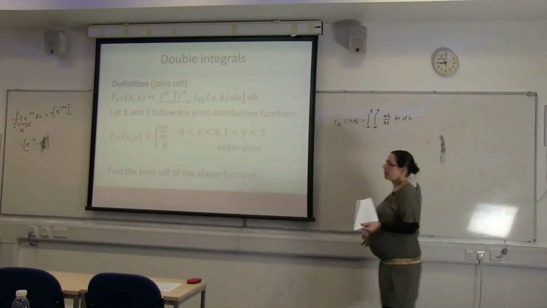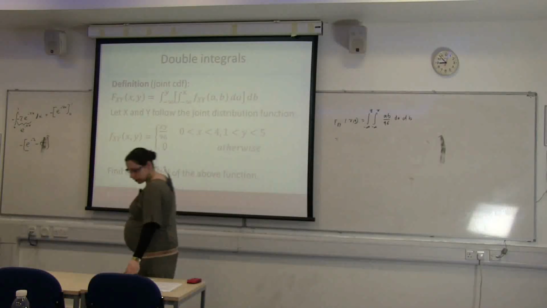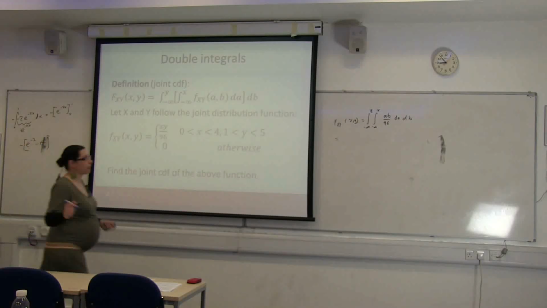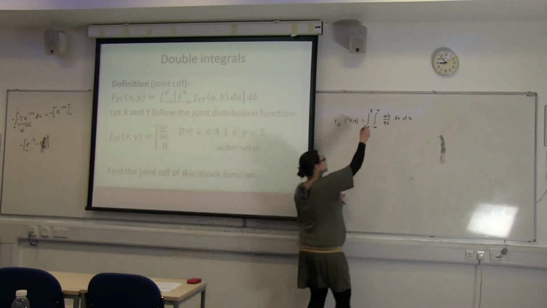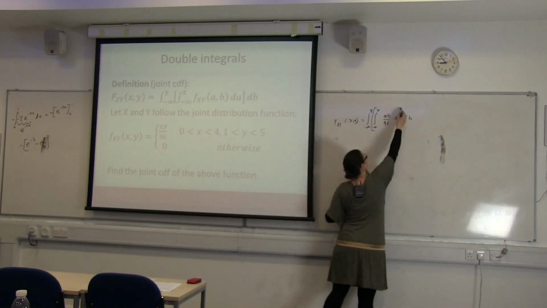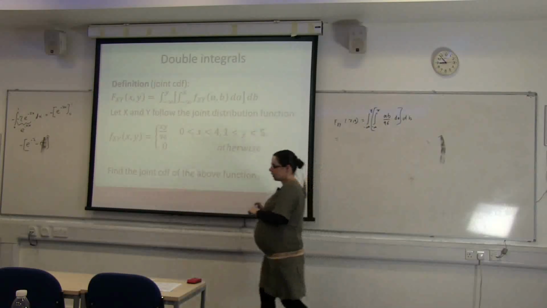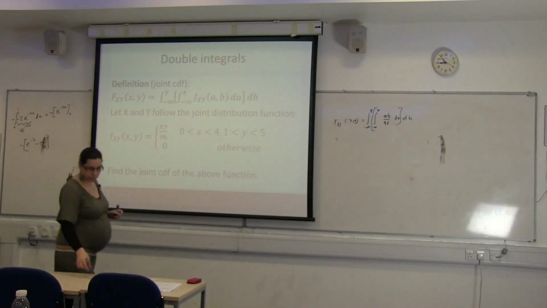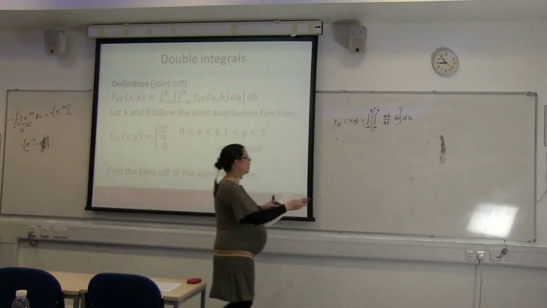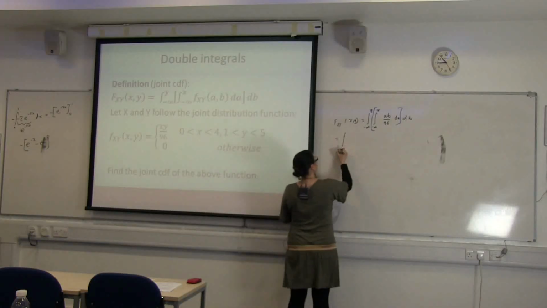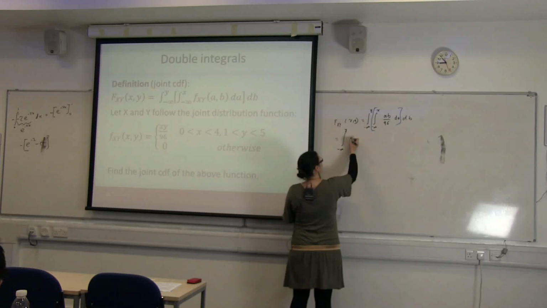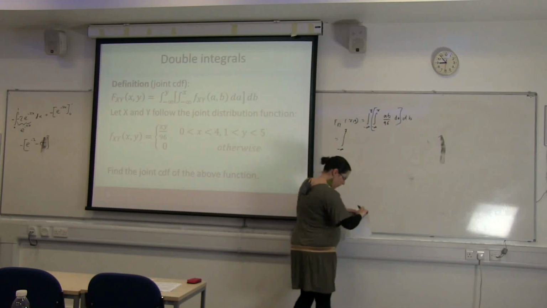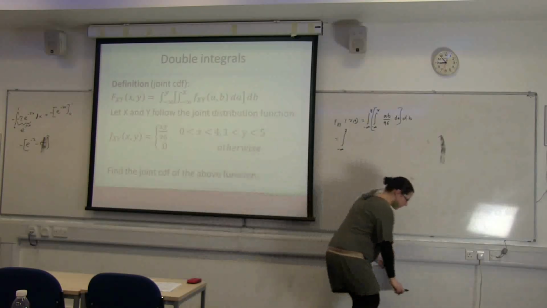The first integral will be the inside, and the second will be the outside. So the outside I'm not going to touch for now. That's just going to stay minus infinity to y. And then I'm going to do the integral of the inside.